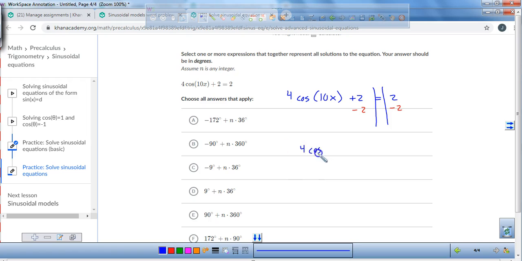We get 4 cosine 10x equals 0. That zeroes out. All right, then we'll just divide both sides by 4, and we get cosine of 10x equals 0.